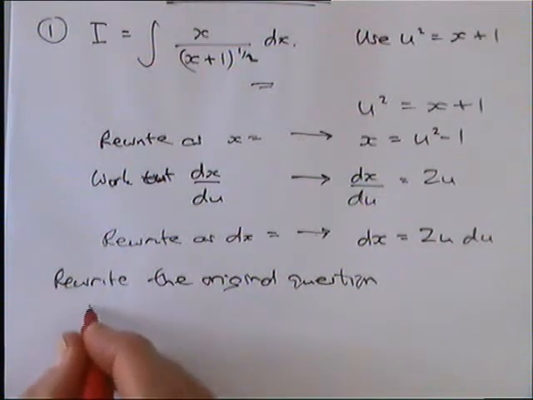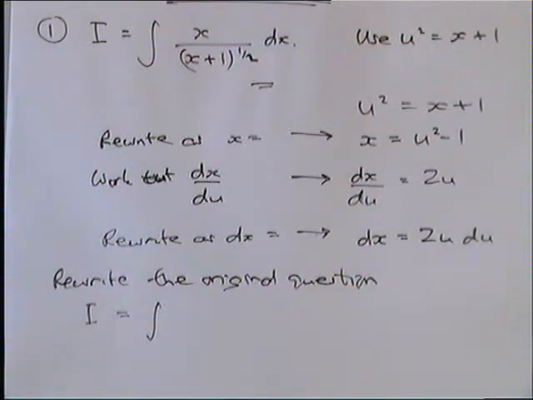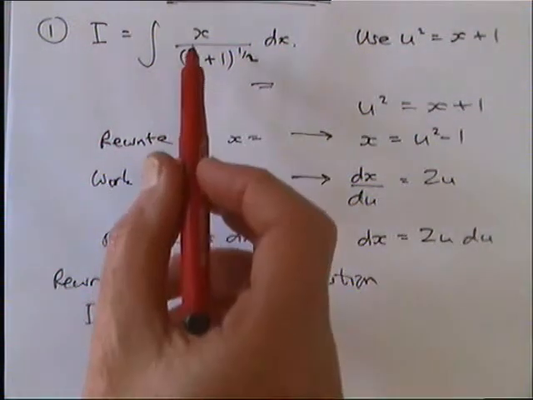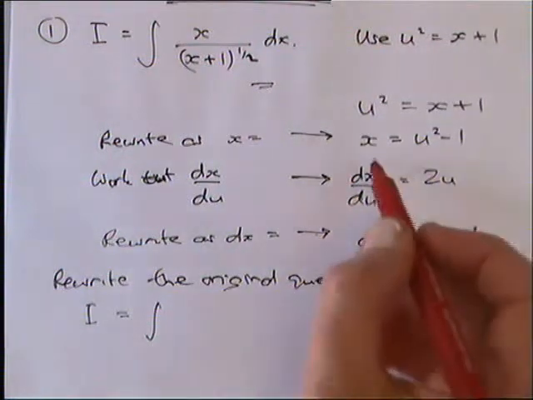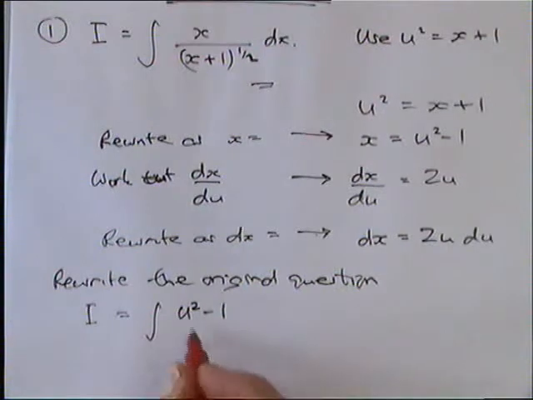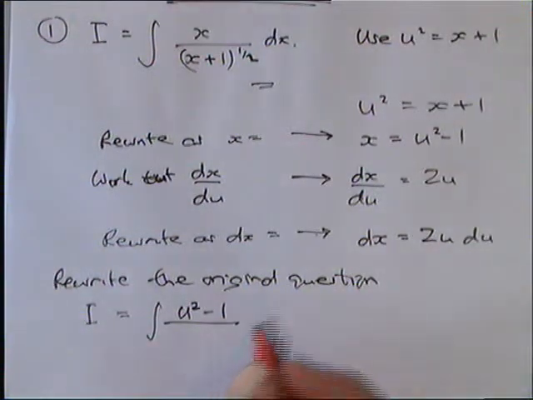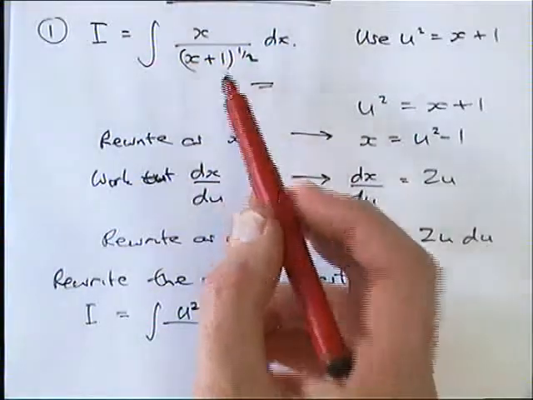So my original integral was the integral of x over something. What can I replace x with? Yeah, x I can replace with u squared minus 1, over x plus 1 to the power of a half.